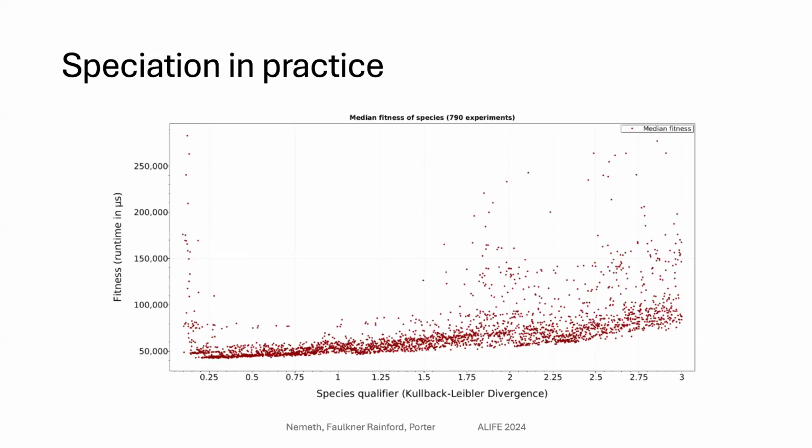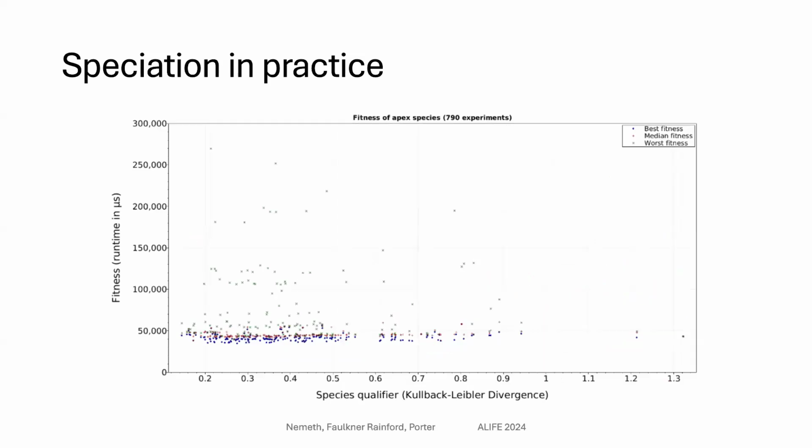It is even more visible here with the median of the fitnesses or with the apex species. These are the very best species in one experiment, but the exact same species can be very poor in a different experiment. How is it possible? It is a good algorithm with a poor implementation. The duality of the phenotype appears here.